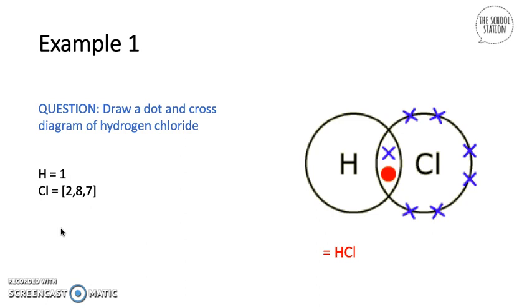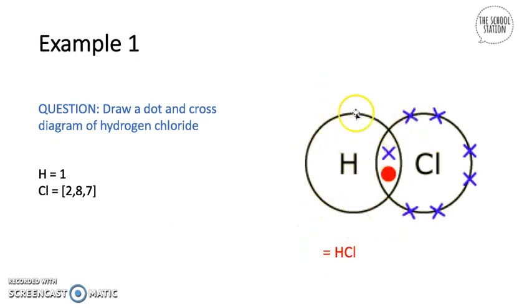So hydrogen and chlorine both need one more electron. So what you have to do is share the electron. You give one of chlorine's electrons to hydrogen and one of hydrogen's electrons to chlorine. When you do this, you get HCl.